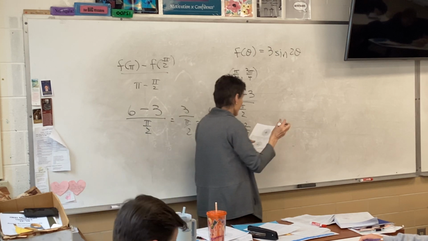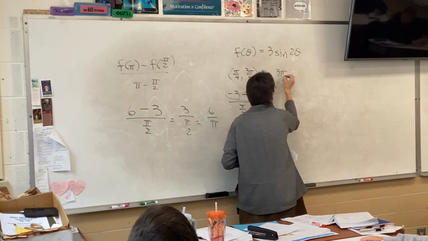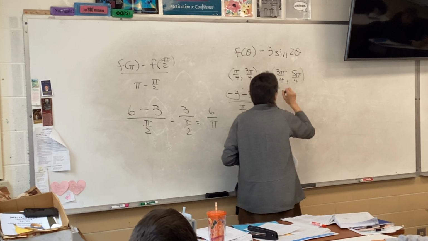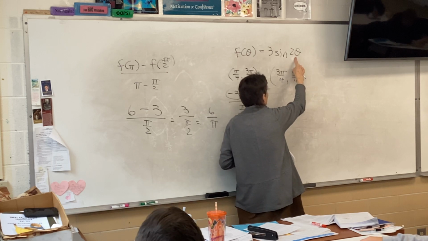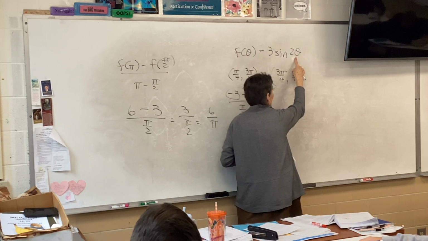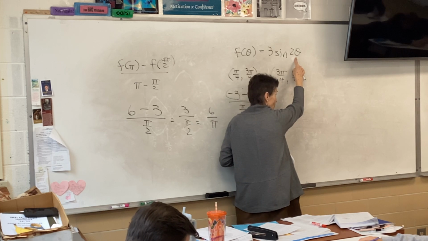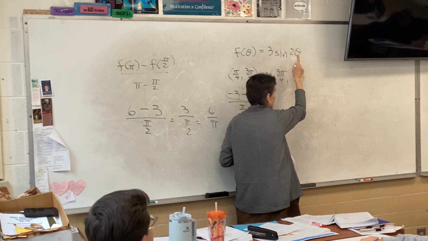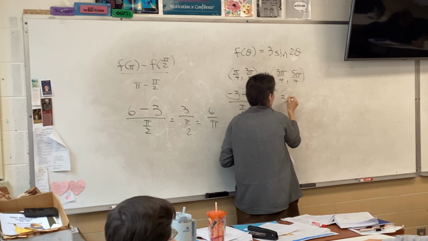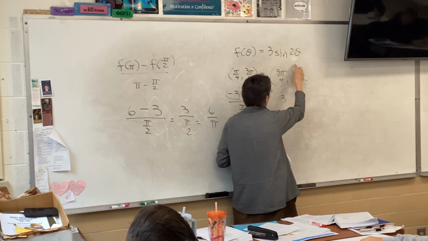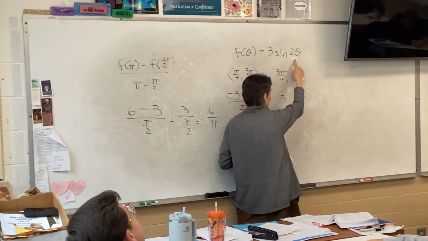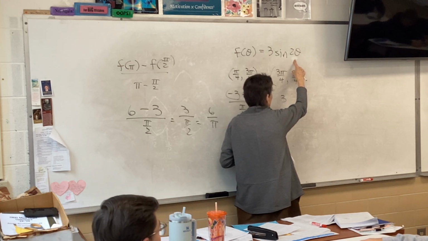So let's look at 3 pi over 4 to 5 pi over 4. Okay, if we put 5 pi over 4 in there, that becomes 5 pi over 2, which is where? Pi over 2. So this one's going to be 3. All right, now put in 3 pi over 4, that becomes 3 pi over 2.